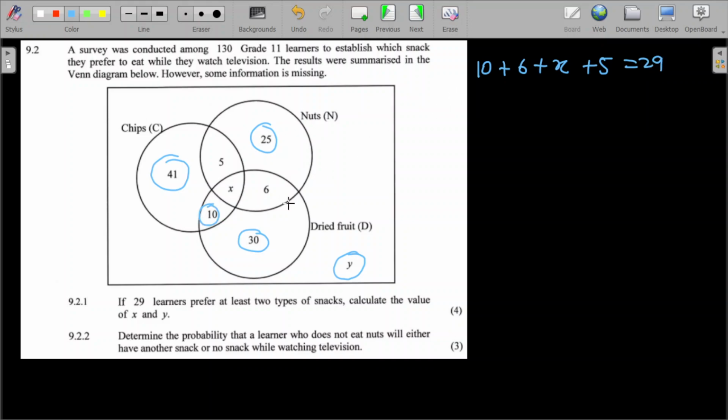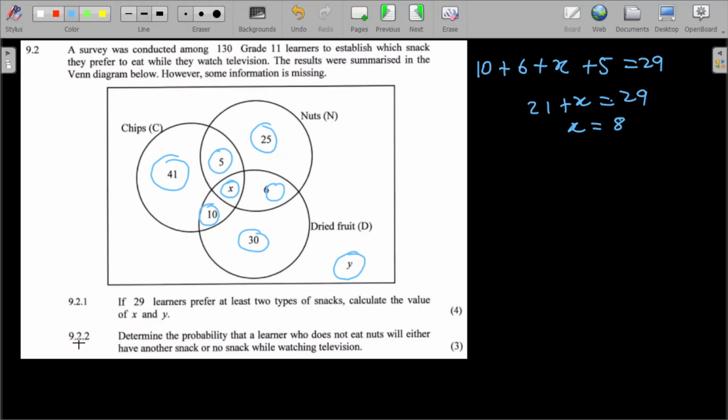So these 5, then these 6, then these 10, and also this X, all of that equals 29. Calculating that, 5, 6 and 10 is going to give me 21, plus X is equal to 29, and my X is going to be 8.